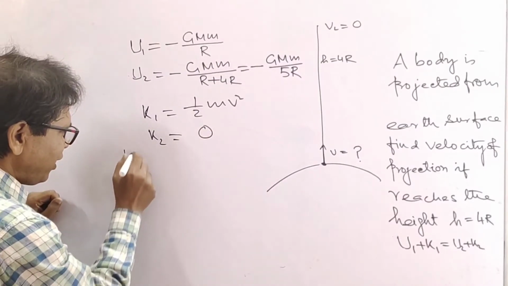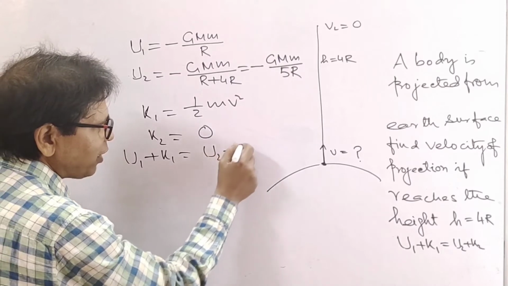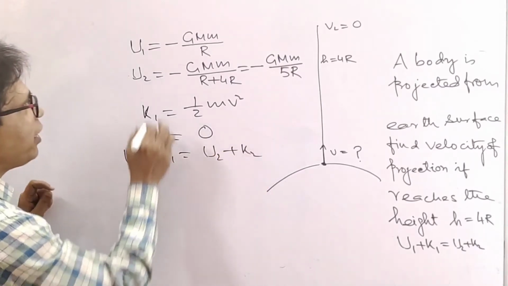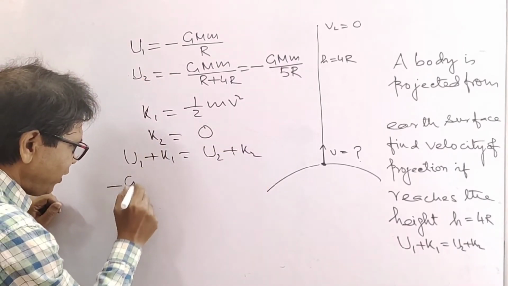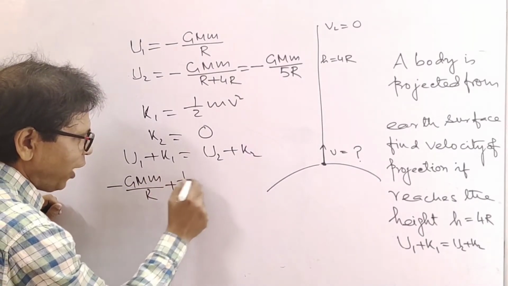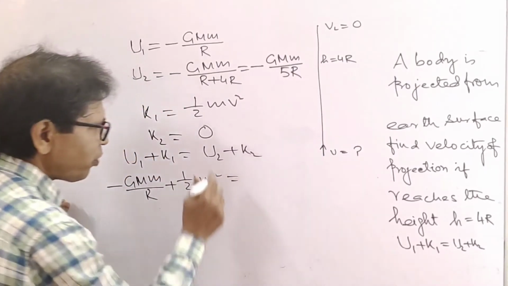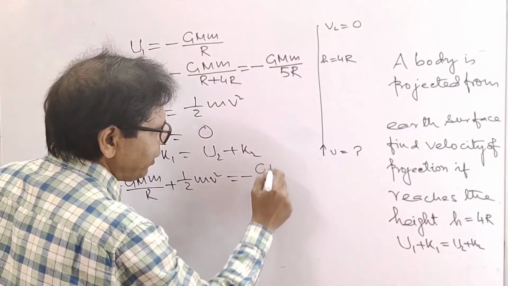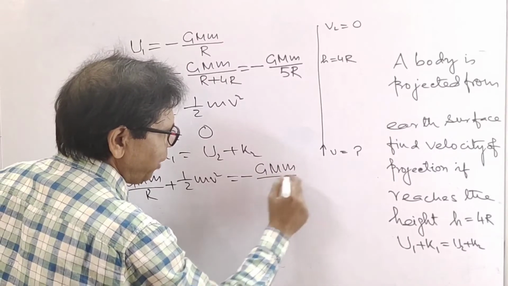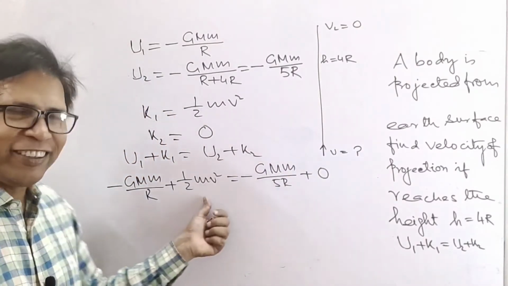So look at this, U1 plus K1 equal to U2 plus K2. Now U1 is minus G capital M small m by R plus half mv square, equal to minus G capital M small m divided by 5R plus 0. Okay, understood?